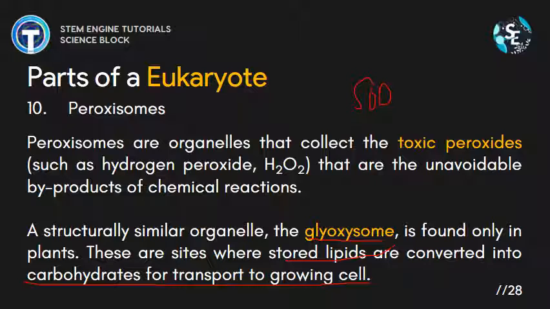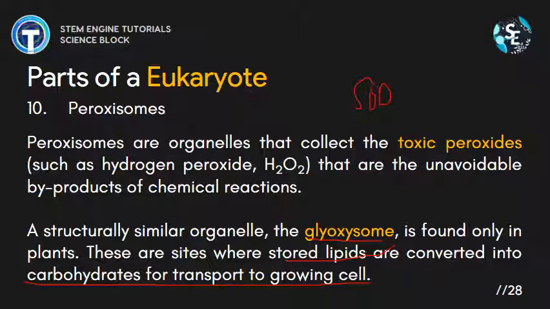Next, we have the peroxisomes. So peroxisomes are organelles that collect the toxic peroxides such as the hydrogen peroxide or agua oxinada, the H2O2, that are the unavoidable byproducts of chemical reactions. So since nagkakaroon tayo ng hydrolysis and hydrolytic digestion of macromolecules, there is bound to be toxic peroxides as byproducts.